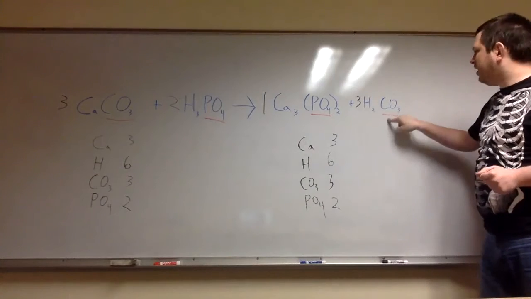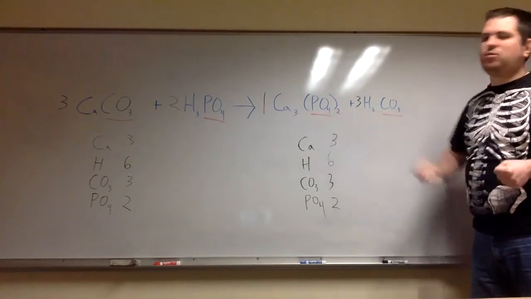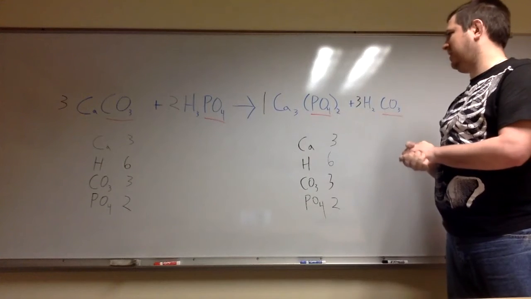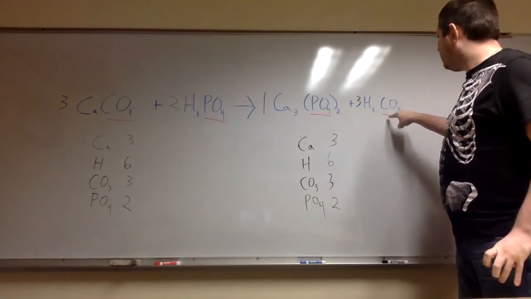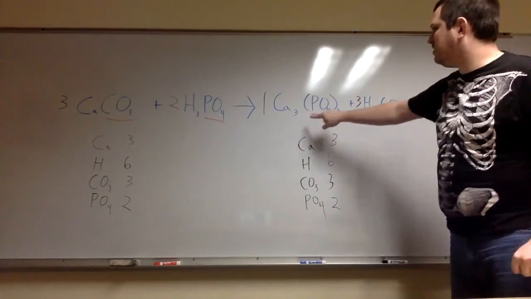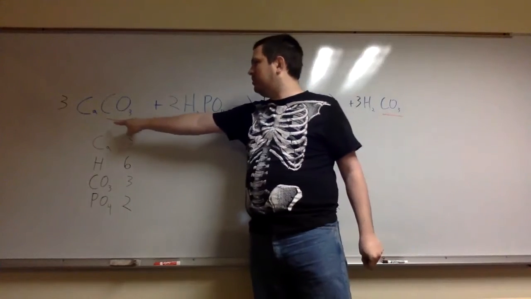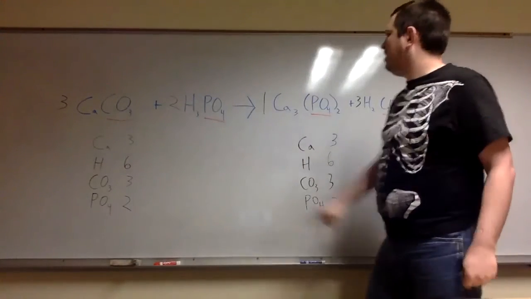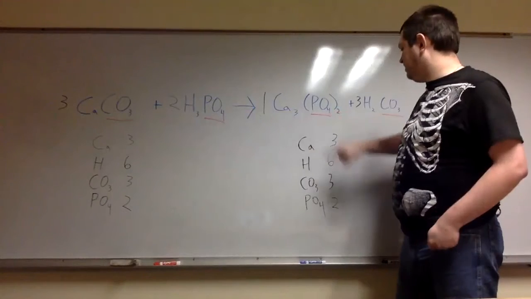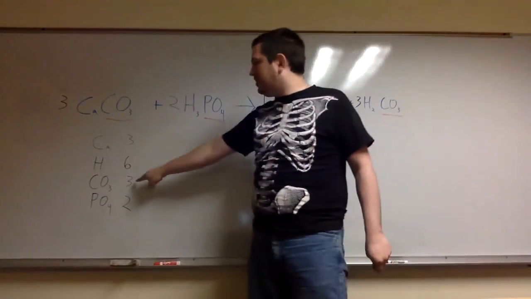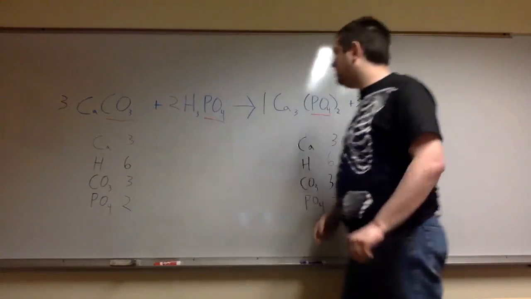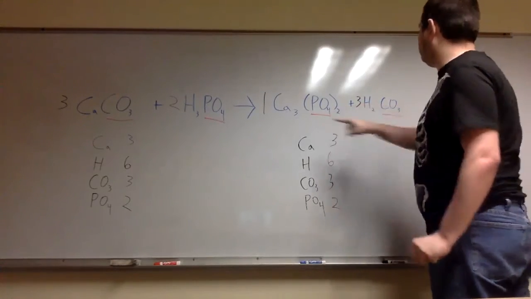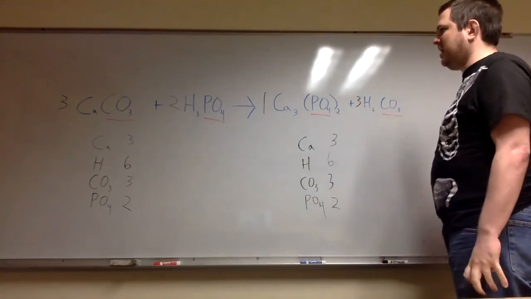So if you try to balance each of these individually with the atoms, it can be kind of complicated. But if you treat each of these, notice the patterns of the molecules, how CO3 is on both sides and PO4 is on both sides, if you treat them as individual things to balance, it makes it much easier than trying to track all these different molecules across each side.